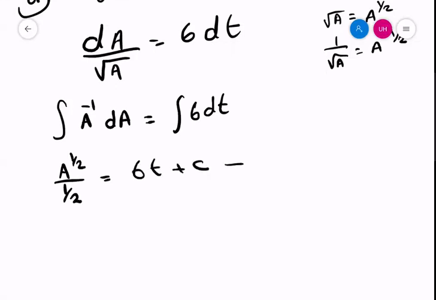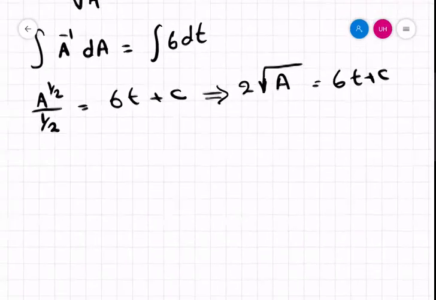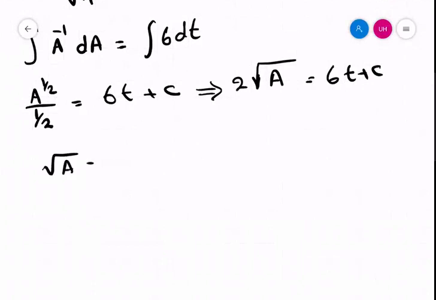So this is 2 root A, basically. So 2 root A equals 6t plus c, and therefore root A equals 6 divided by 2, which is 3t plus c over 2. And because c over 2 is a constant, root A equals 3t plus c over 2.